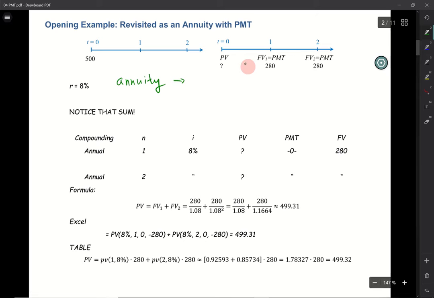It's actually, I guess sometimes people call it a level, or same amount received or paid at constant intervals of time.